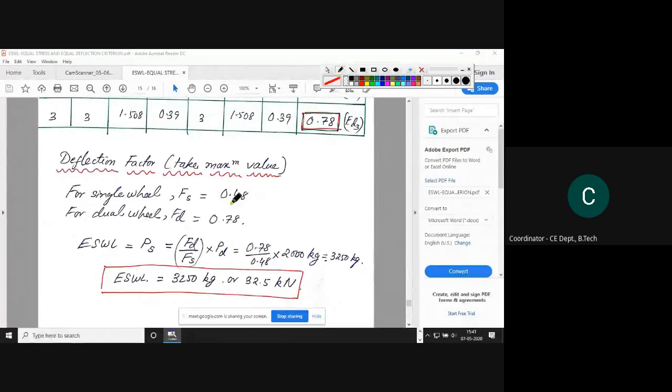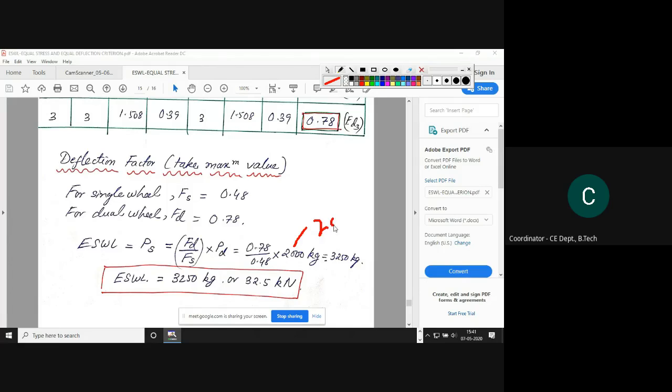Now use this in the equation of ESWL based on the equal deflection criteria. ESWL is equal to Fd by Fs into Pd. We got Fd, we got Fs. Pd, I have converted here into kg, but you can keep it in kilonewton also, so it will be 20 kilonewton instead of 20 kg.